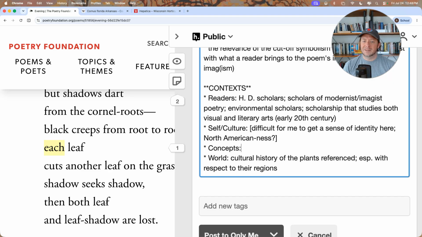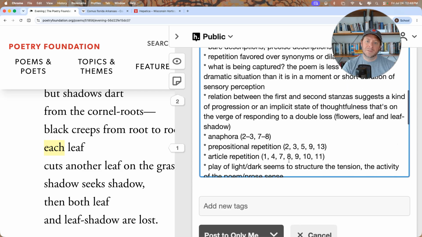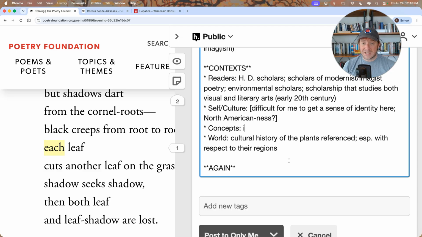Concepts, yeah. To be honest, I don't know. There are no theoretical concepts that really come to mind here that aren't already associated with the figures that I was tracking. I guess I would have to think about terms of literary study associated with the particular category of poems or the kinds of modernism that's at play here. So reading up a bit on Imagism.